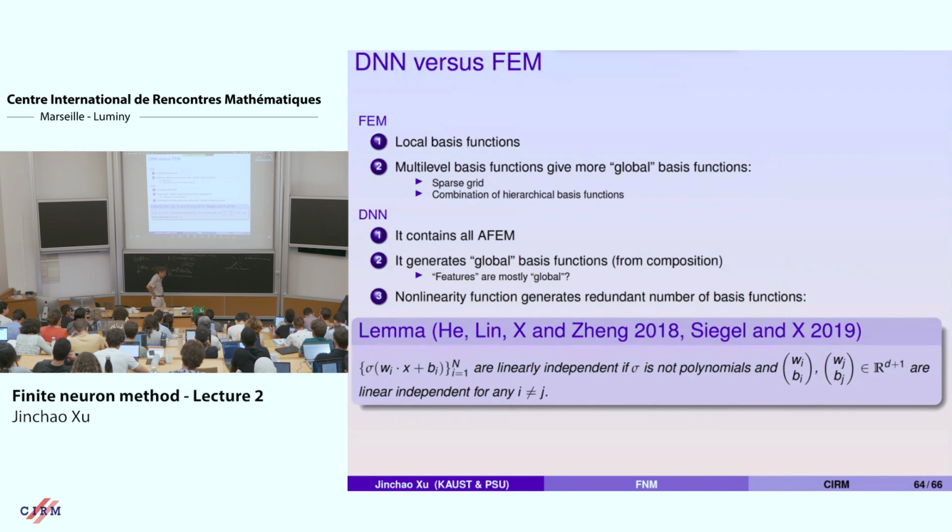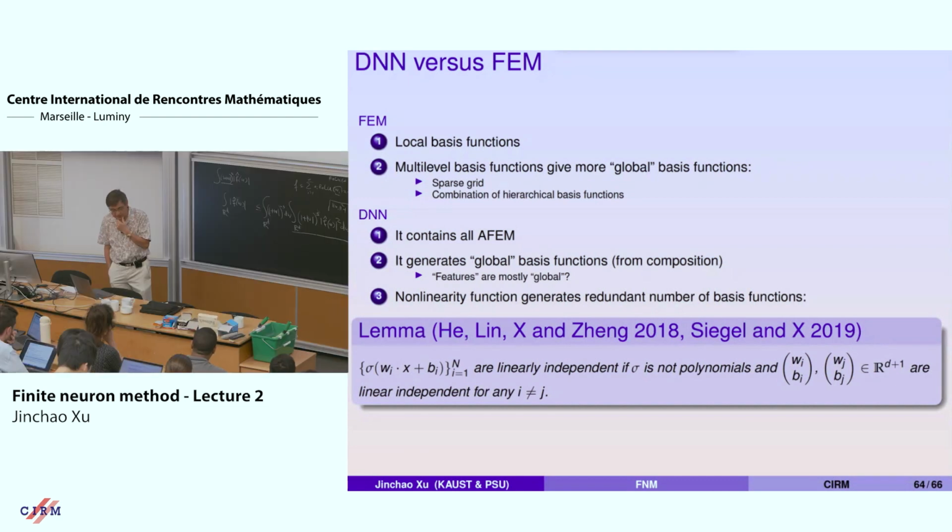Neural network functions have rich approximation properties, but how you realize those approximation properties is an extremely complicated problem. Because this is a nonlinear set, it's not a basis. It involves a highly nonconvex optimization problem, and how do you get it to converge? That is, of course, a huge open problem in this business.